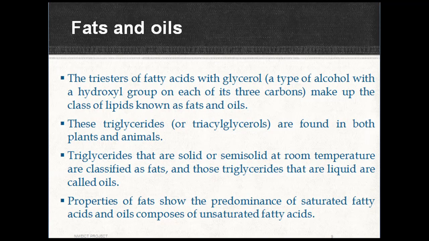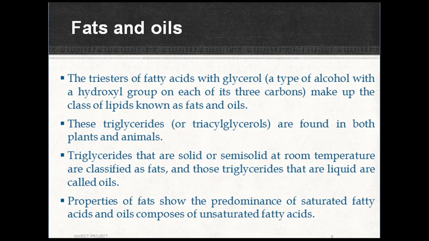Triglycerides that are solid or semi-solid at room temperature are classified as fats, and those that are liquid are called oils. Fat occurs predominantly in animals and oil originates chiefly in plants.